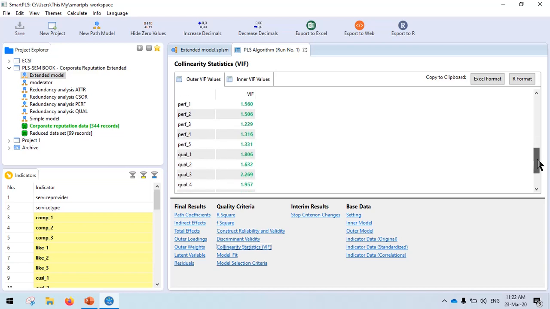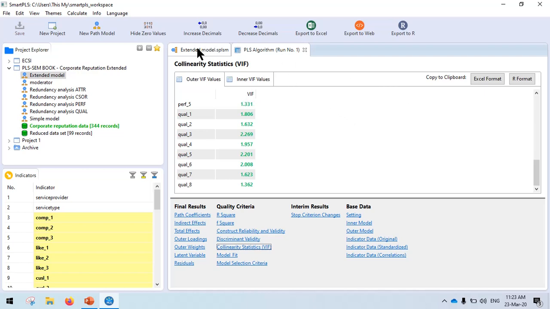Then performance, okay, all of them. Quality, all of them. So we can say that none of the values are above 5, so the VIF values indicate no problem with multicollinearity. Now, after we check for that, we go and see the significance and relevance of the outer weights of indicators on the formatively measured constructs.